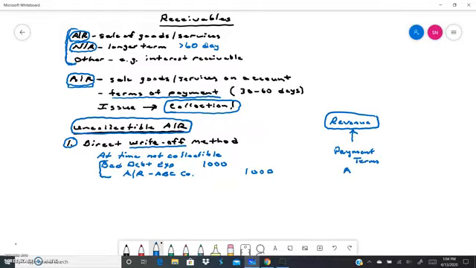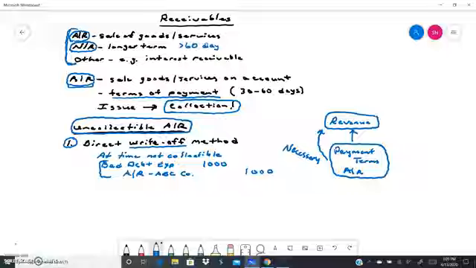And that's what gives rise to an accounts receivable. And so these payment terms are really critical to generating revenue. Okay, so without providing payment terms, we would have no revenue.